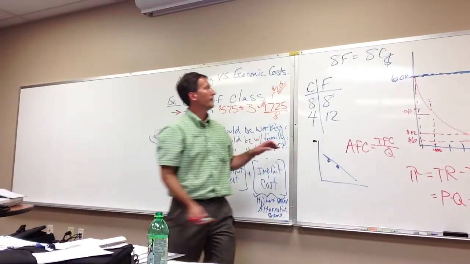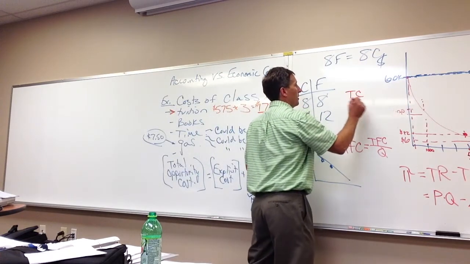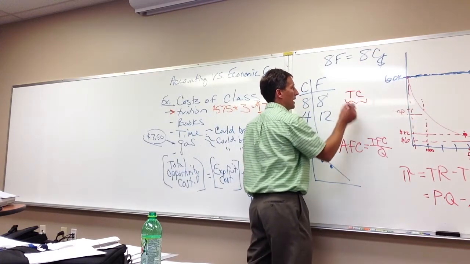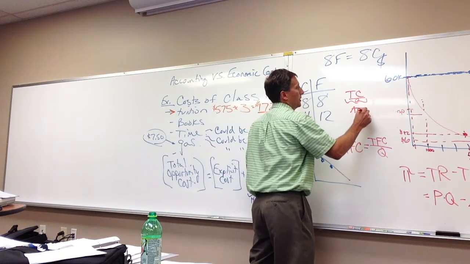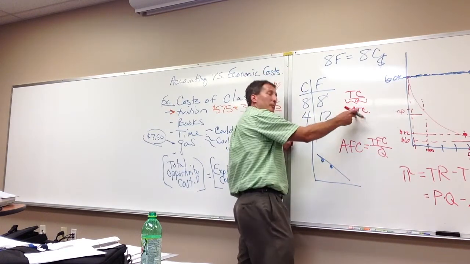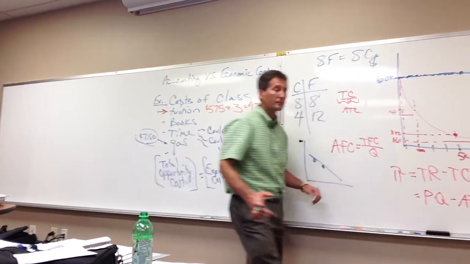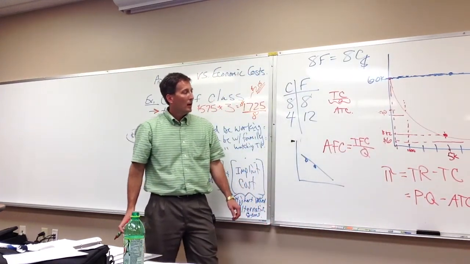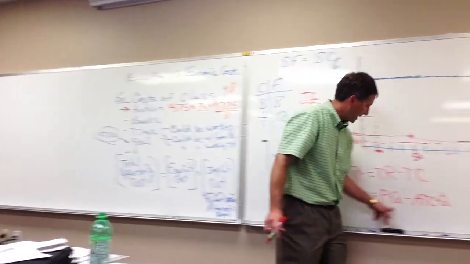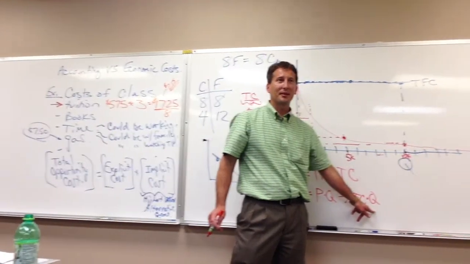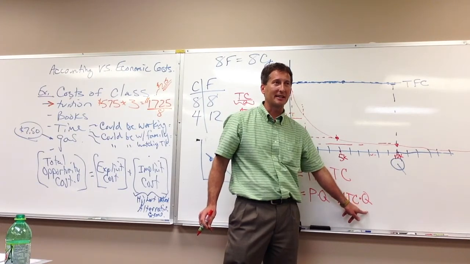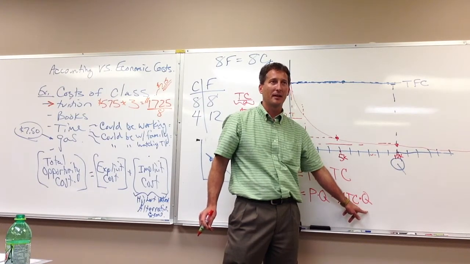See that? We had our little thing that we're going to all memorize for next week. We had total cost divided by quantity equals average total cost. Multiply it by quantity, we get this. Now, we got a Q here and we got a Q here. Now I'm really pushing you. What can we do algebraically to simplify this expression? Divide them on the other side.